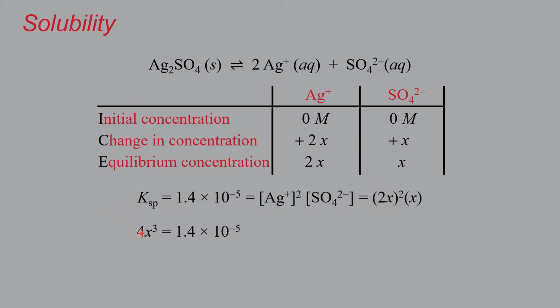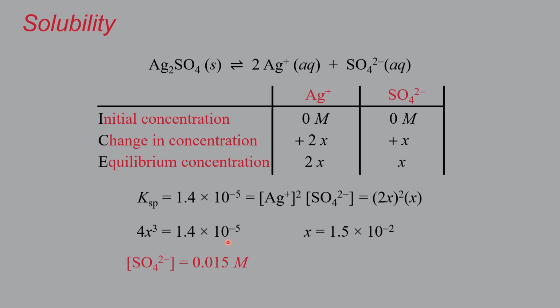So 4x cubed equals 1.4 times 10 to the negative fifth, which means you need to get familiar with your higher root function, so cube roots or fourth roots or fifth roots on your calculator. You should have one, and that gives 1.5 times 10 to the negative 2. Now, what does that represent? This represents the equilibrium concentration of sulfate that we expect to see.